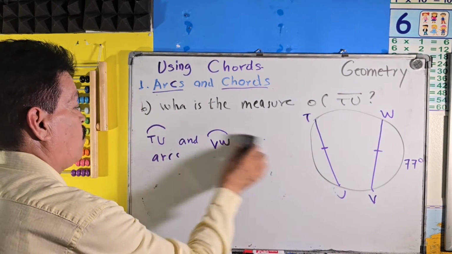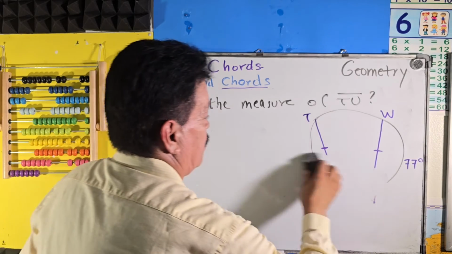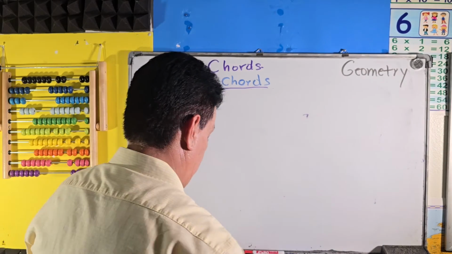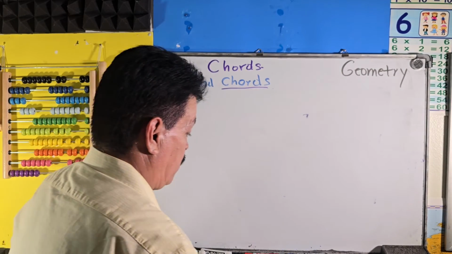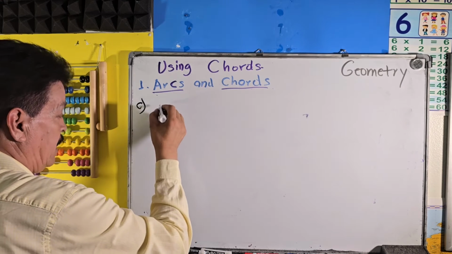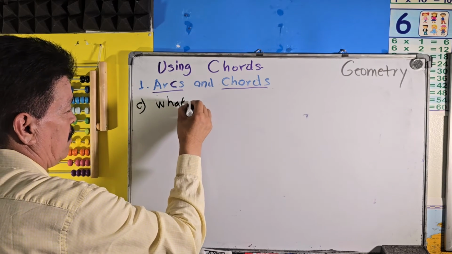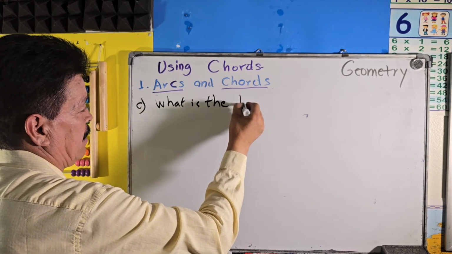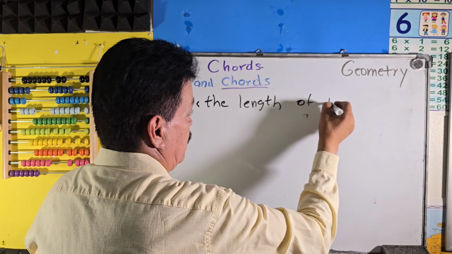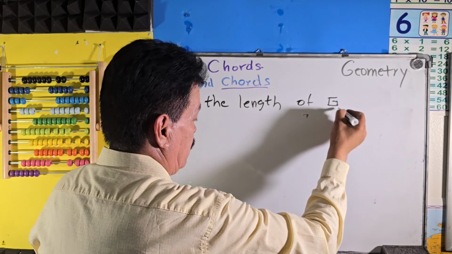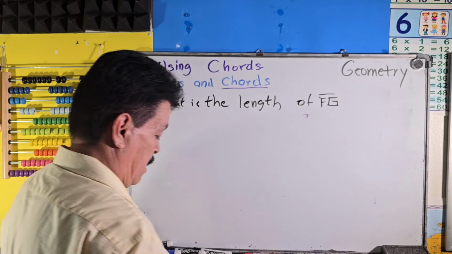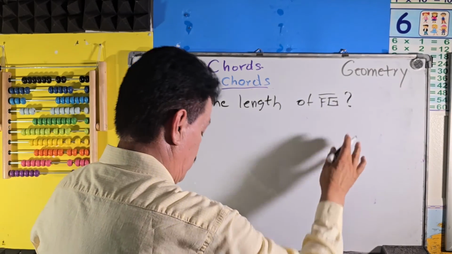Okay, let me show you two more problems. Let me write the problem. Now it's different, look at the question. The difference here is the question. What is the length of FG? That's the question here now.